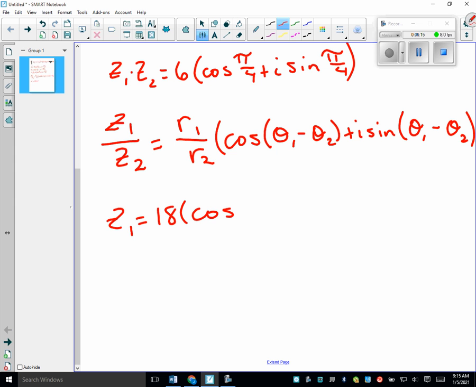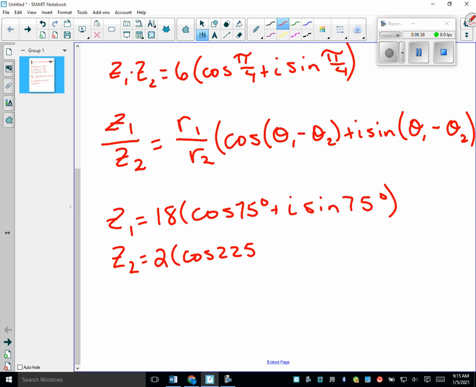This is where they abbreviate sometimes, because look how many times we have to write this down. Z2 is 2 cosine 225 degrees plus i sine of 225 degrees. All right?